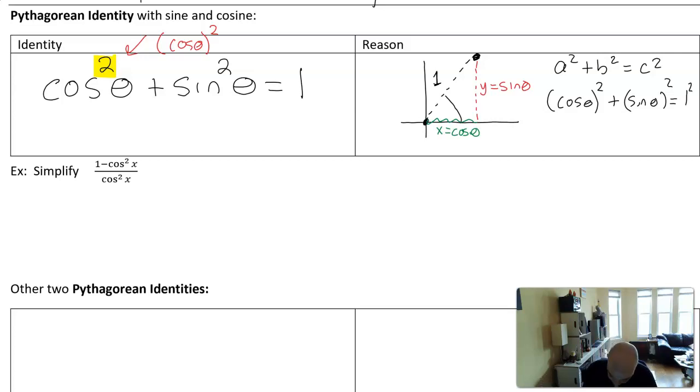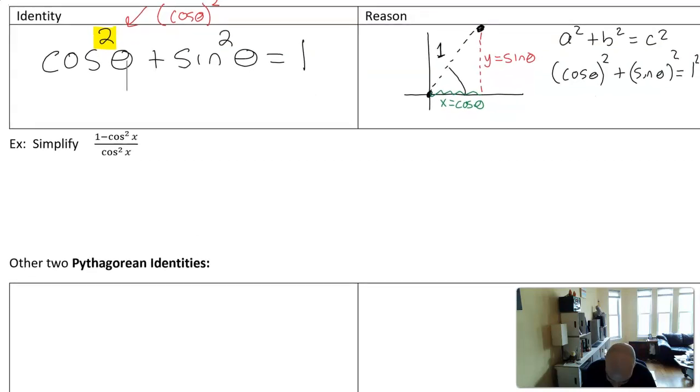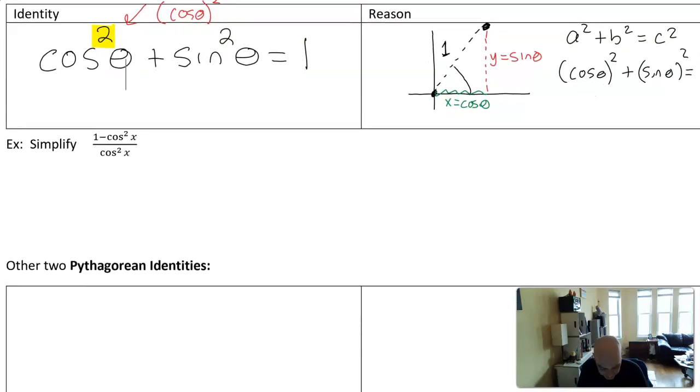So let's use this in another example to simplify some expressions. I want to simplify 1 minus cosine squared x over cosine squared x. Now, one thing that you can do with identities that's pretty neat is rearrange them and keep them true. So this is always true, right? Cosine squared plus sine squared must always equal 1.